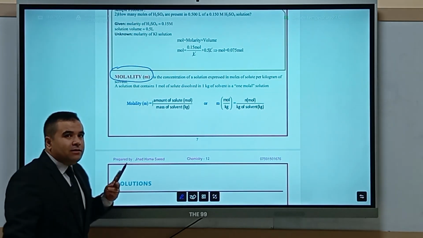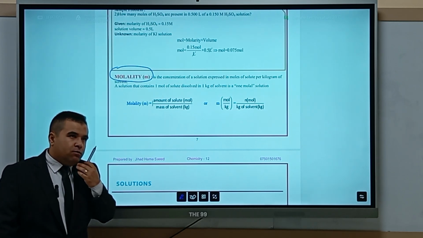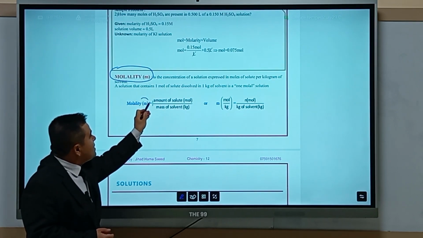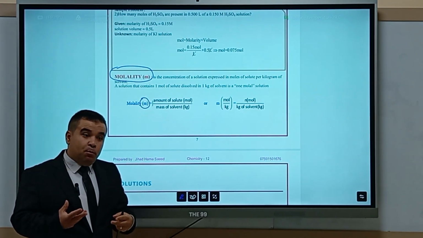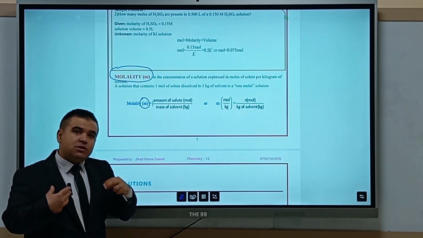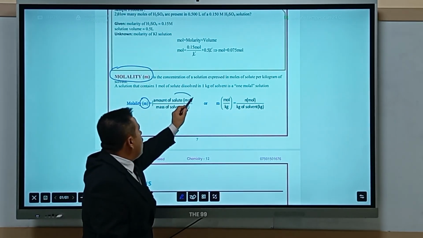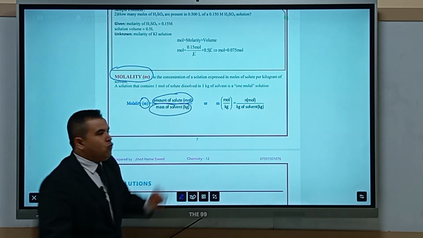Molality is another way we represent the concentration of a solution. Molarity was moles per volume of solution, but molality, represented by lowercase m, is equal to the moles of the solute per mass of the solvent in kilograms.